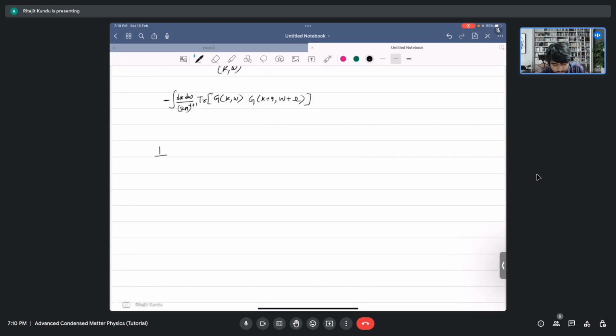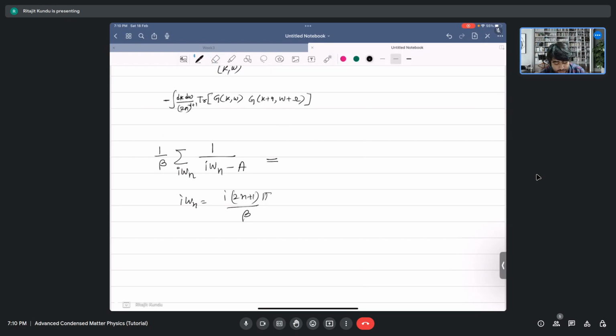If you have a Matsubara frequency summation like this, 1 over beta, sum over i omega_n of 1 over (i omega_n minus a), where in place of a you can put energy or something like that. If these i omega_n are fermionic frequencies, (2n+1) pi over beta, so odd fermionic frequencies, then you can write this thing as an integral. How you write this as an integral, I will show you next time.